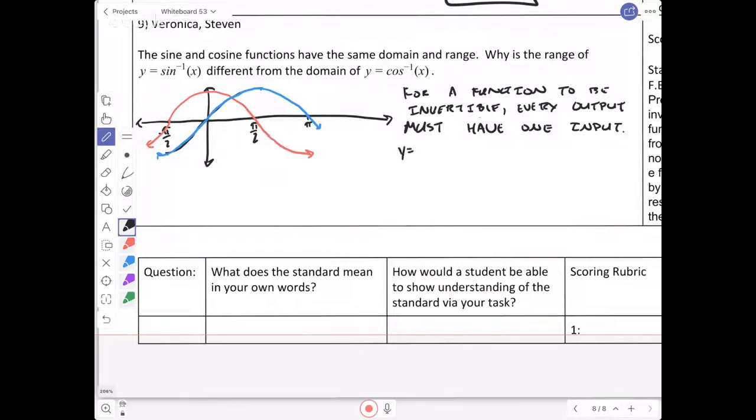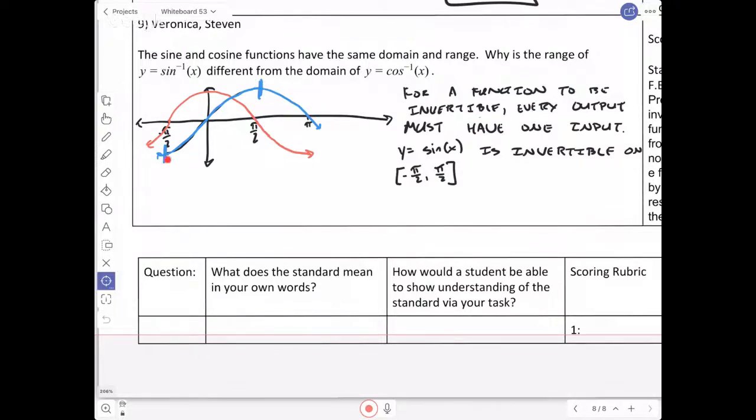Y equals sine of x is invertible on negative pi over 2 to pi over 2. So from here to here, this is invertible. It passes the horizontal line test.